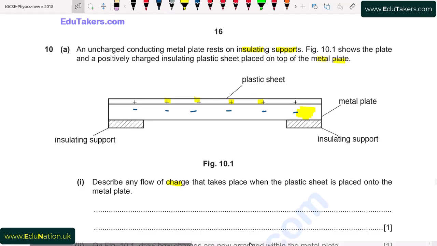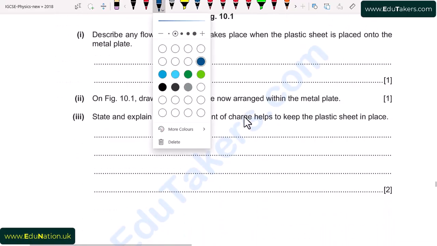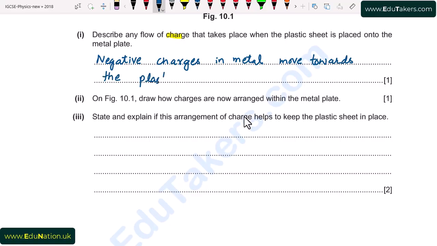So I write here: negative charges in the metal move towards the plastic sheet because the plastic sheet is positively charged.